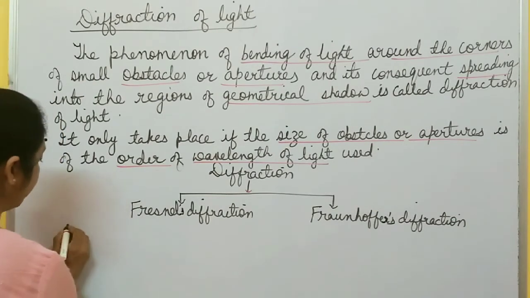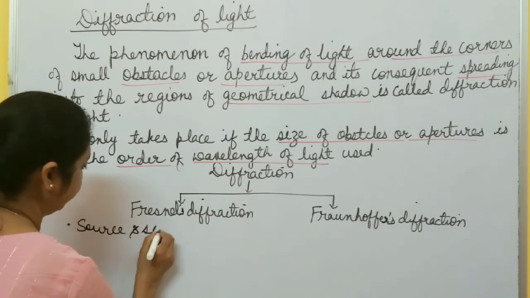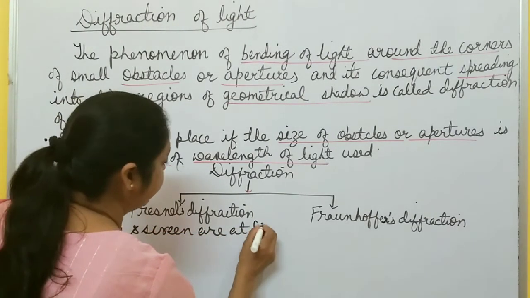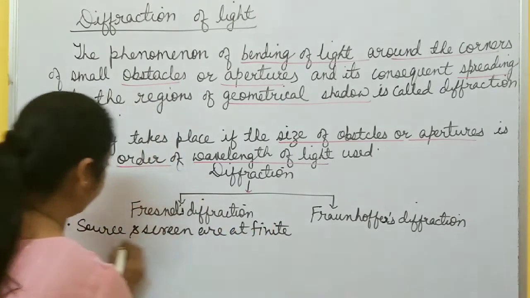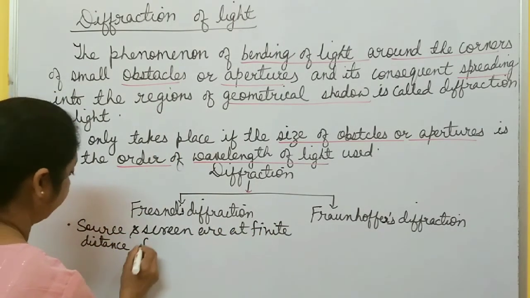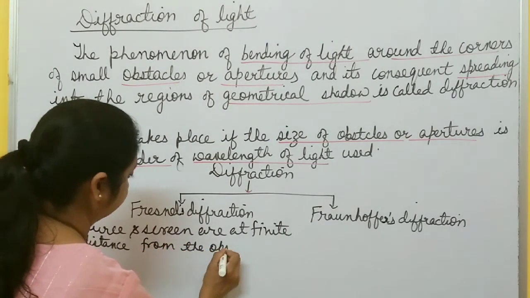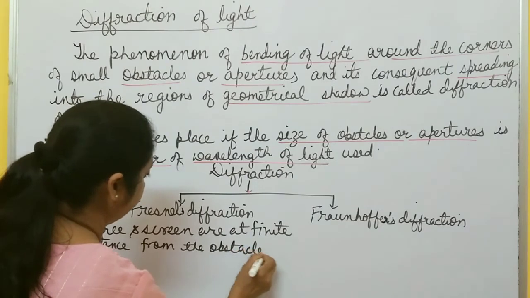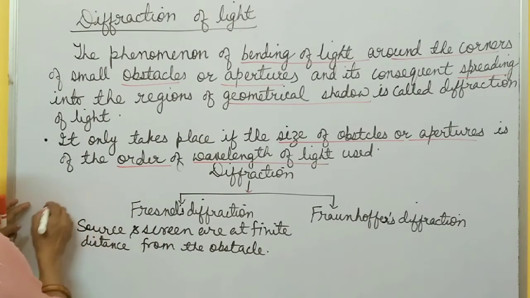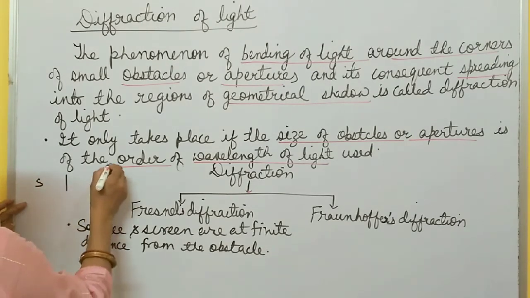If the source and a screen are at a finite distance from the obstacle, right? Suppose this is the obstacle, this one is the source, and this is a screen.